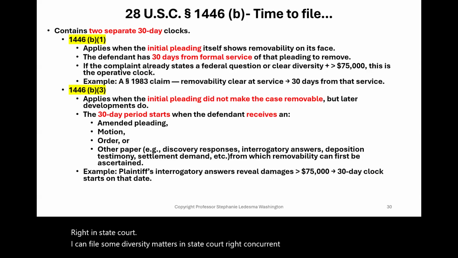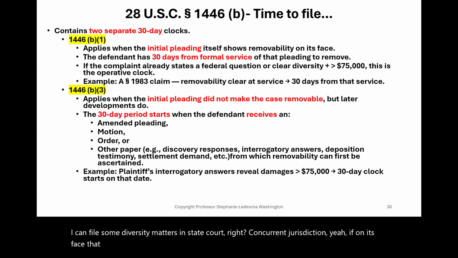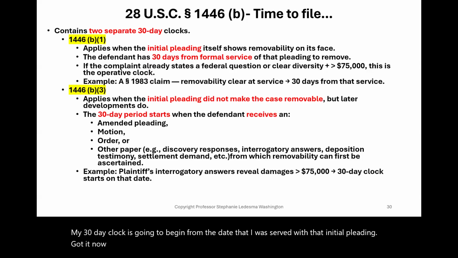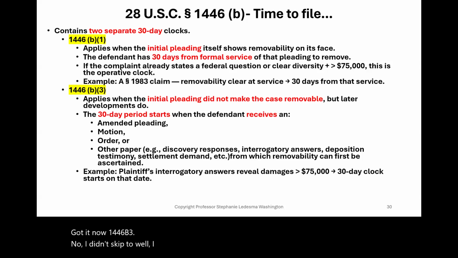If on its face that state court pleading establishes removability, that's 1331, 1332, my 30-day clock is going to begin from the date that I was served with that initial pleading. Got it? Now, 1446(b)(3), no, I didn't skip two. I'm not addressing two yet. I'm addressing the two separate 30-day clocks.